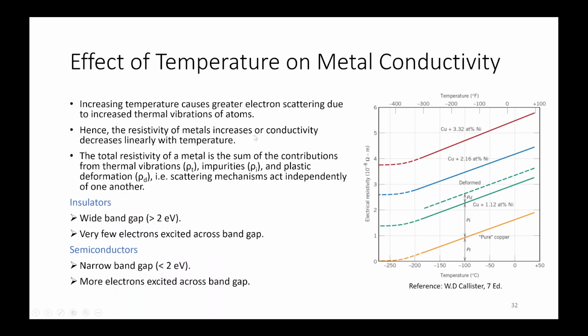Hence, the resistivity of a metal increases, or conductivity decreases, linearly with temperature, and the total resistivity of a metal is the sum of the contributions from thermal vibrations, which is rho T, impurity, which is rho I, and plastic deformation, which is rho D. So different types of resistivity arise because of vibrations, because of the presence of impurities, and because of deformation, which generates crystal defects, mainly dislocations.